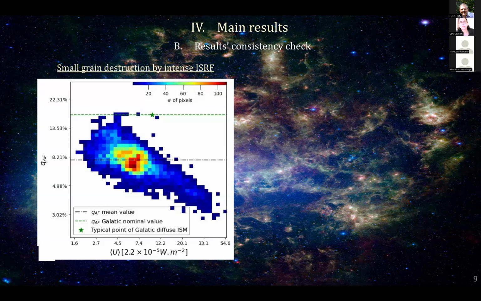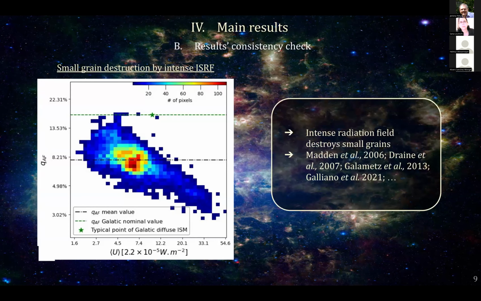since the small grains are dominant in the photoelectric effect, it will impact the efficiency at the end. So the intense radiation field destroys the small grains, and it's a well-known relation.